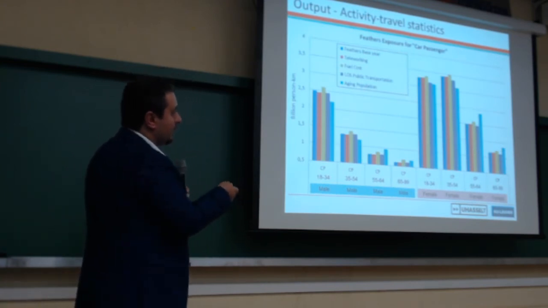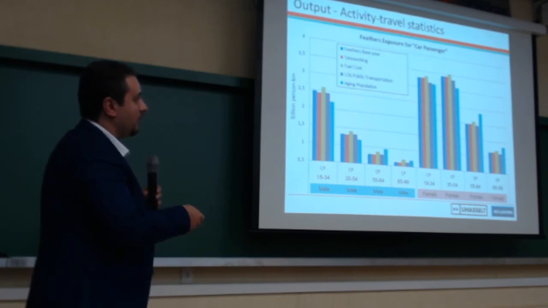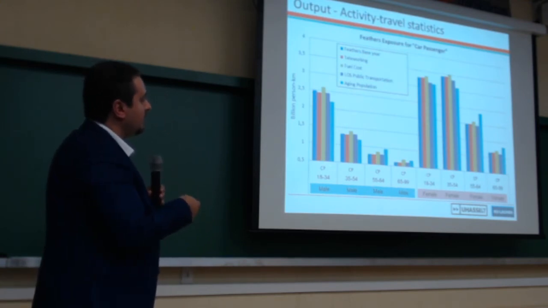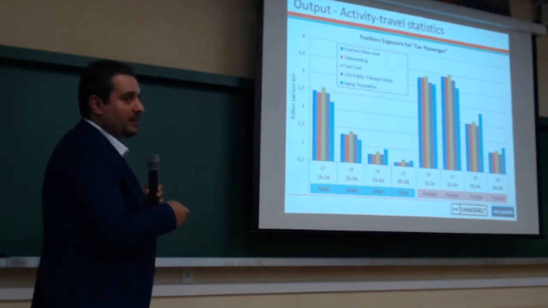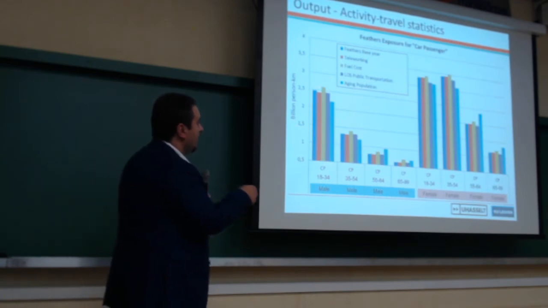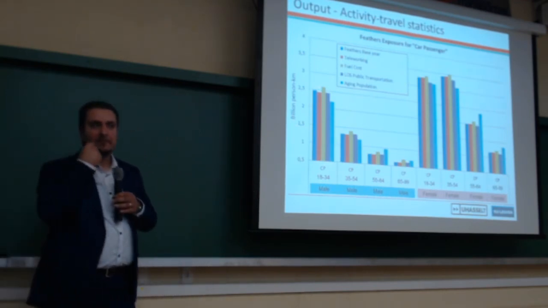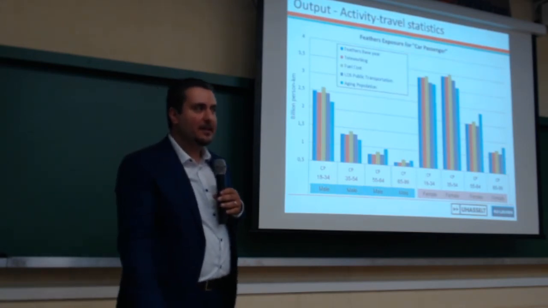But it means that car passengers are predominantly female. And as you can see here, in the case of the fuel cost scenario, unlike the previous one, you see a kind of increase. So what does that mean? Can you just imagine why it is like this?